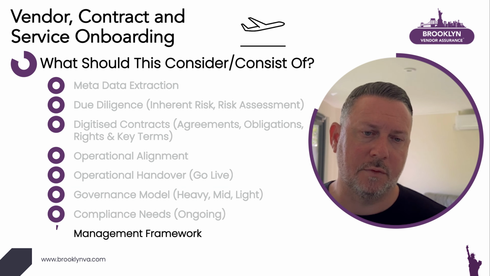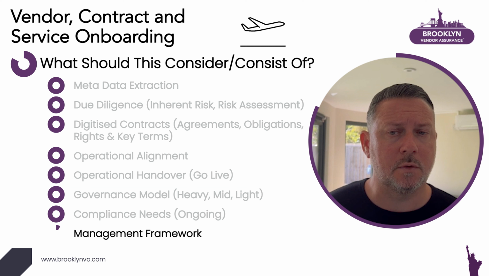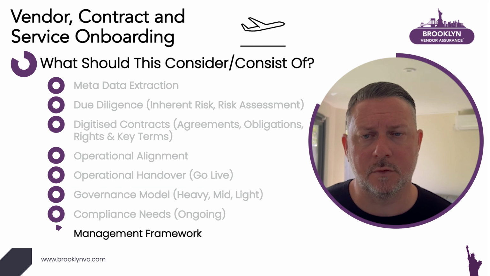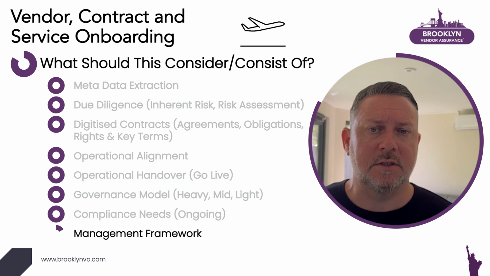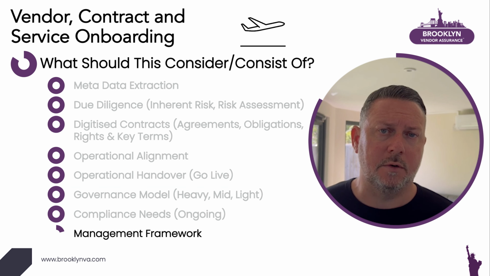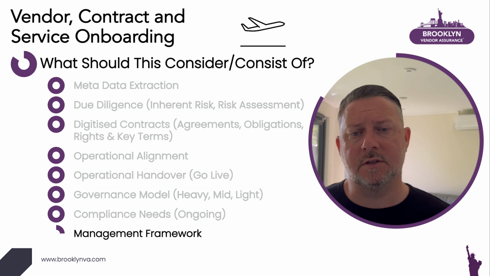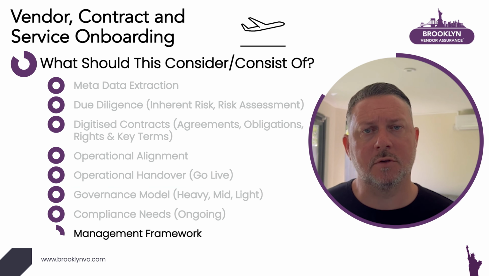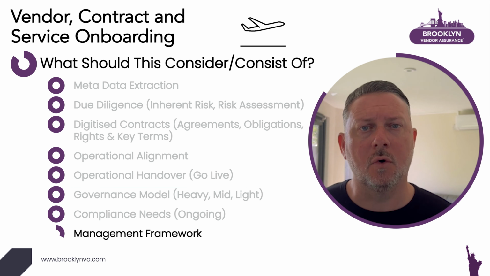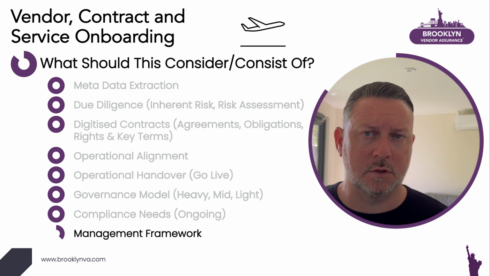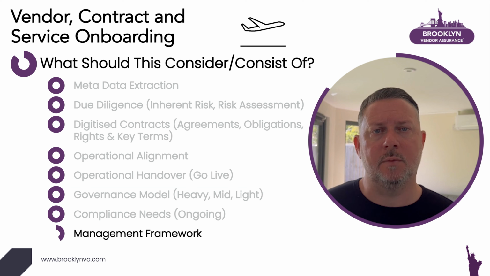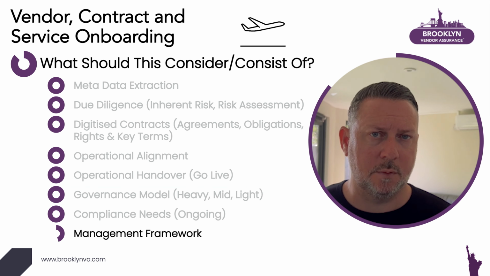And then lastly, management framework. We spoke about management frameworks when we spoke about scoring. If you want to look at management frameworks related to performance scoring, what are the categories and subcategories that you're going to manage the supplier against and score them against, relative to what they provide you with? Commonly, most organisations will have a core management framework they use with all suppliers, but some suppliers, depending on what they provide, may trigger a different type of framework.